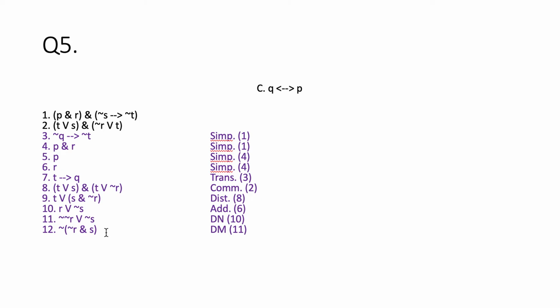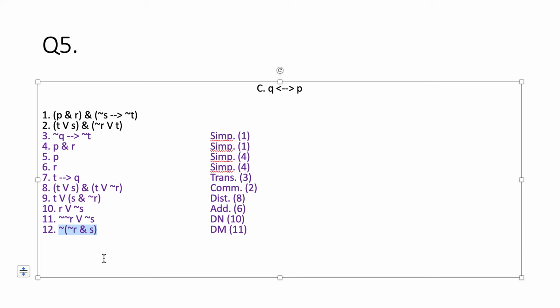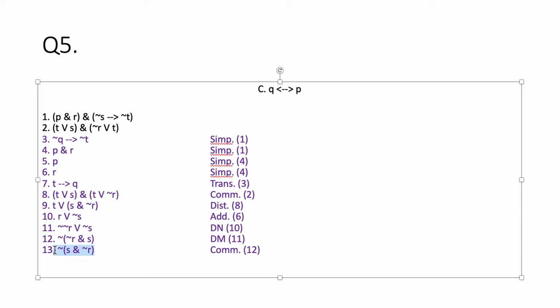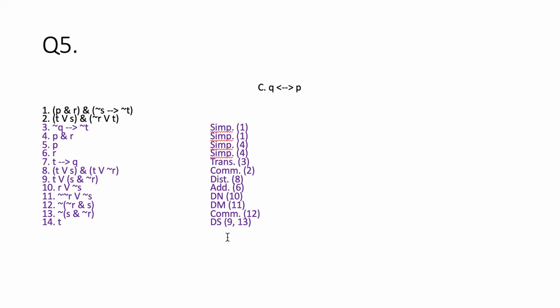And then I'm just going to do commutativity on this conjunction because that will make it a negation of the disjunct that I have on line 9, and then I'll be able to use disjunctive syllogism. So I'm going to do commutativity on 12, then disjunctive syllogism lines 13 and 9 is going to give me T. Disjunctive syllogism 9, 13.